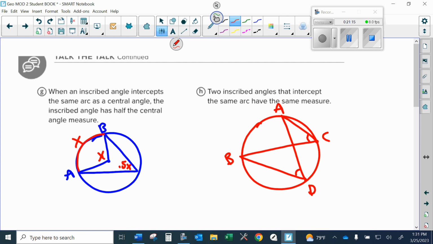They intercept the same arc. So notice both their arcs are AB. The arcs are the same, so two inscribed angles that intercept the same arc have the same measure. So it's saying that this angle is equal to that angle. So if, say, for example, this is 60 degrees, then this is 30 degrees, and this is 30 degrees. That's what that's saying.